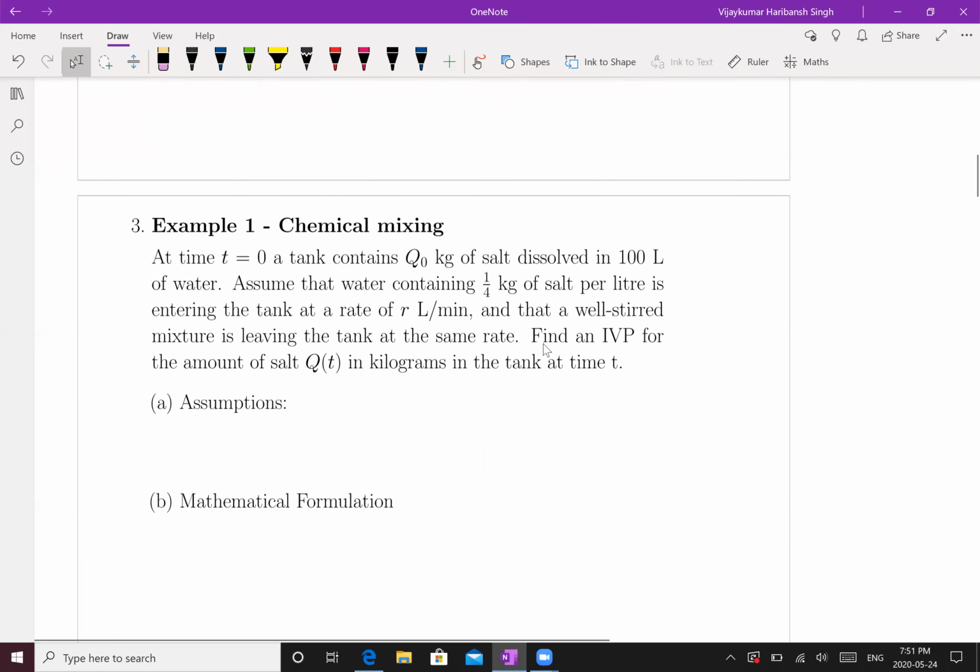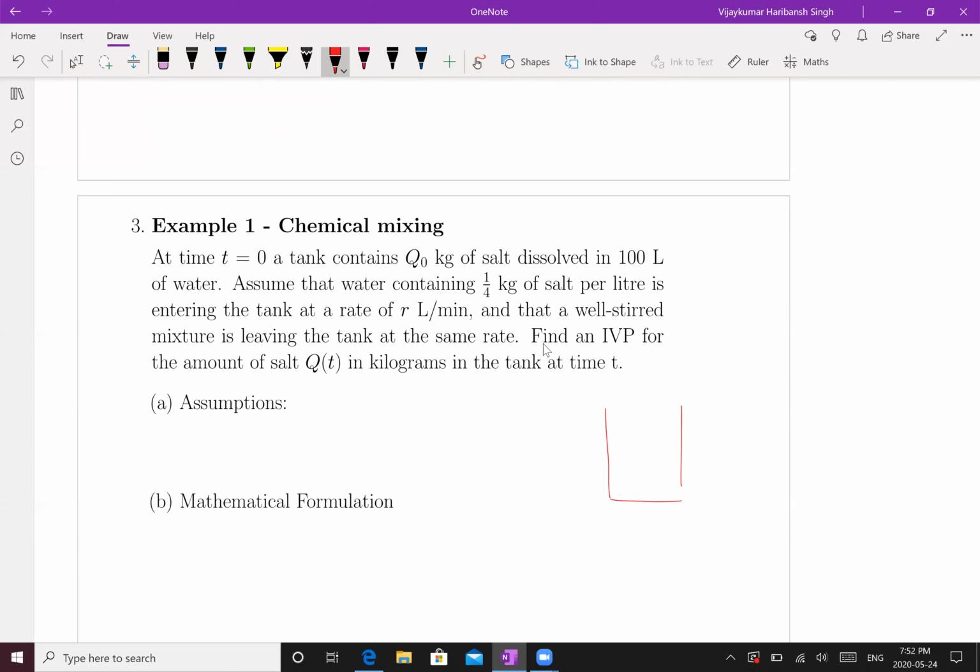So the first one is a chemical mixing problem. So let's read this problem. At time t equals 0, a tank contains Q0 kg of salt dissolved in 100 liters of water. So you have a tank, and it has Q0 amount of salt.